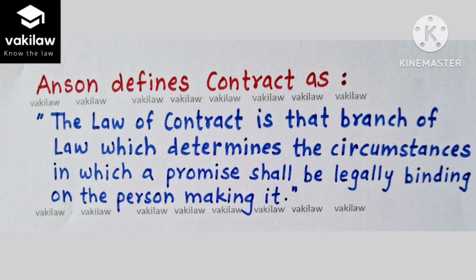Okay, so a contract is an agreement, the object of which is to create a legal obligation. Anson has defined the word contract as: the law of contract is that branch of law which determines the circumstances in which a promise shall be legally binding on the person making it.